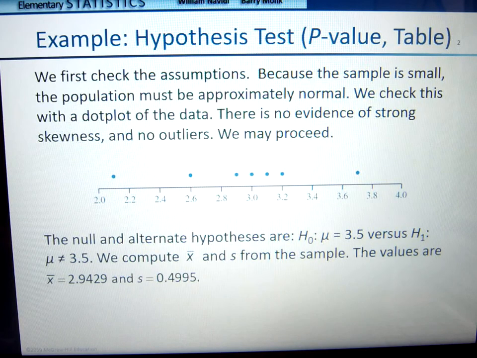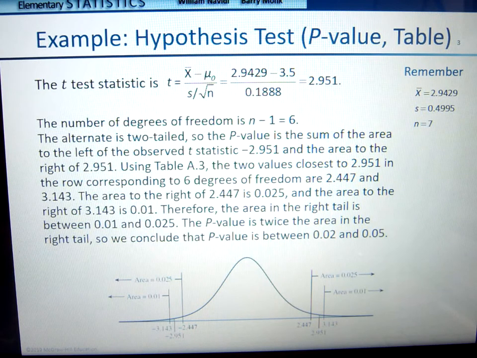When we compute the sample mean and the sample standard deviation, the values are 2.9429 with a standard deviation of 0.4995. Put that in to get your t-test statistic, and the number of degrees of freedom is 6.